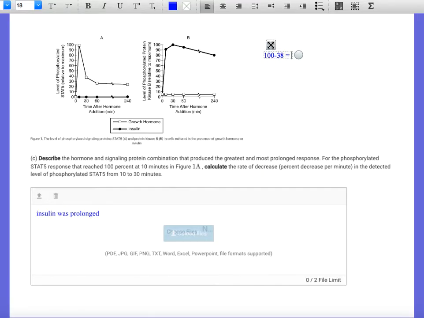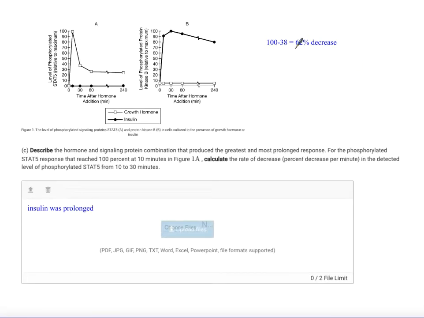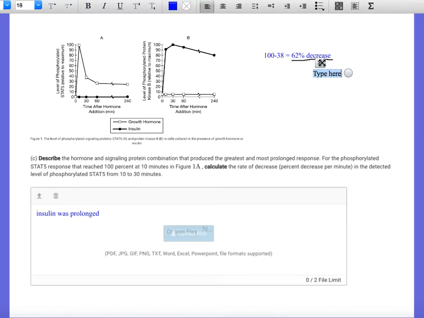So what we have is a 62% decrease, right? And then over 20 minutes, if we wanted to divide that by 20 minutes, I don't have a calculator handy, so 3 point something.